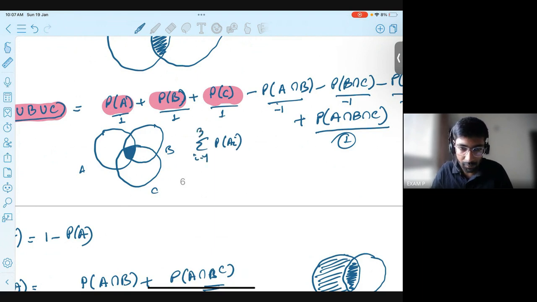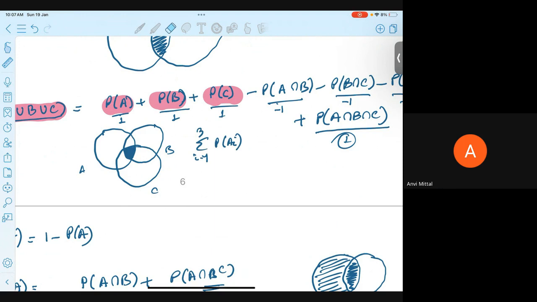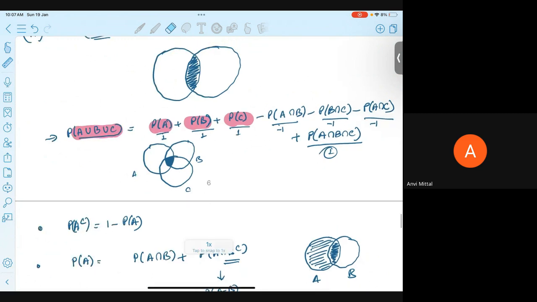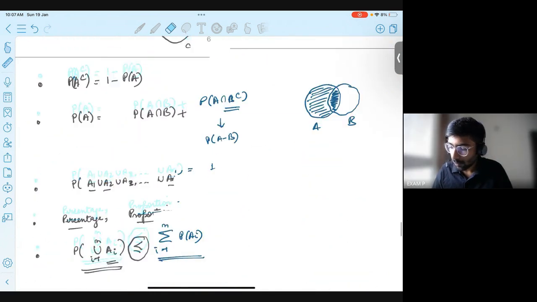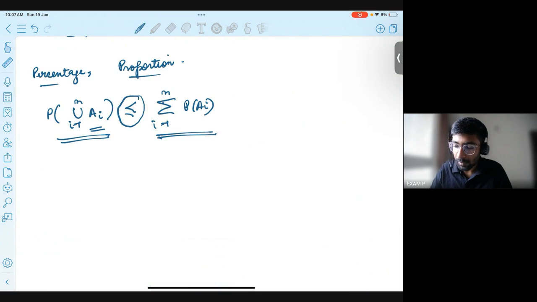Here there are 3 events. And the part on the left contains the intersection as well, so that is why we're subtracting some of the part. So this will be lesser than adding up all the individual probabilities. I think you got it now.